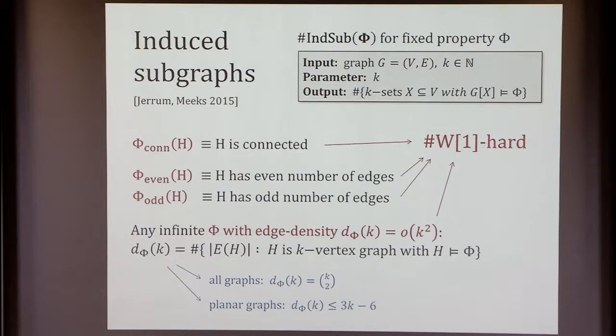But if you look at the planar graphs, then you have a linear upper bound on the edge densities that occur. In other words, whenever this edge density is not quadratic, then they can use some Ramsey-theoretic argument to show that you can identify large cliques or large independent sets, and then they reduce from that to get hardness for this problem.